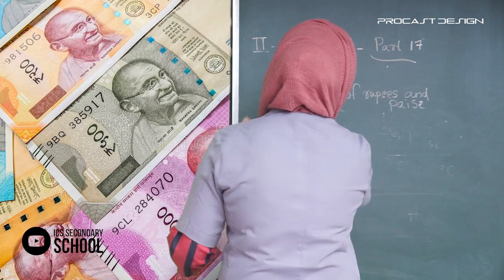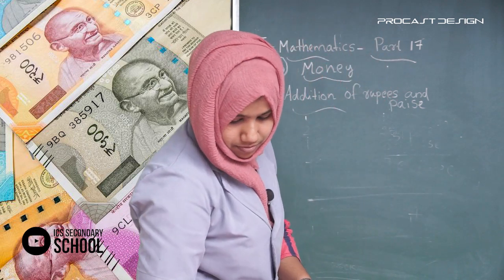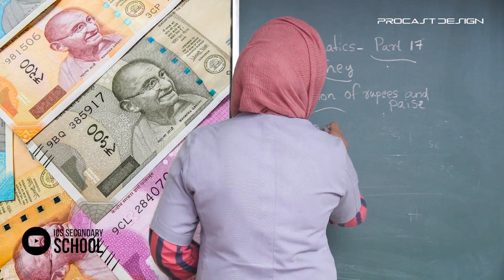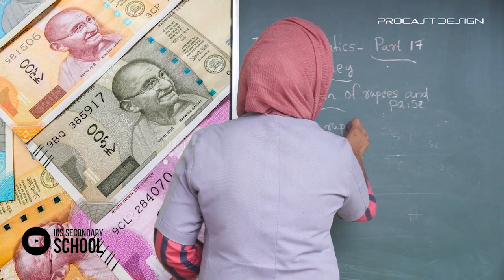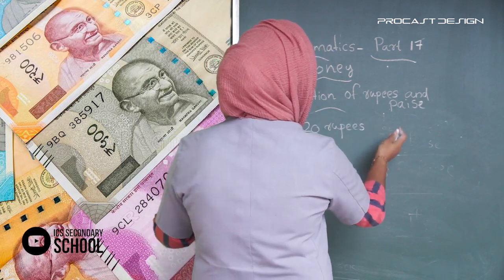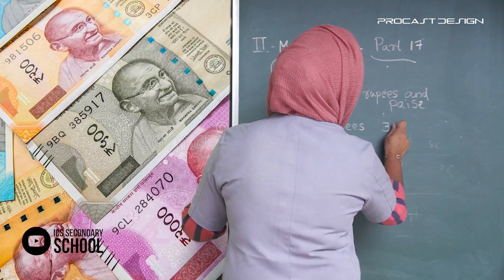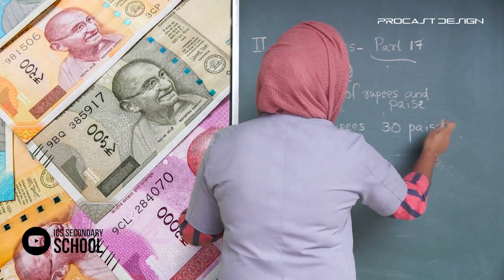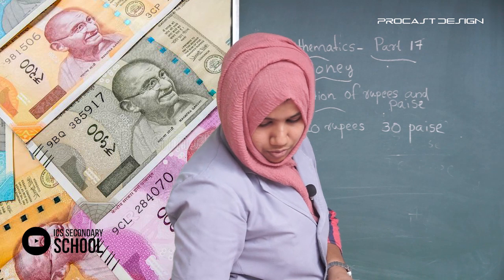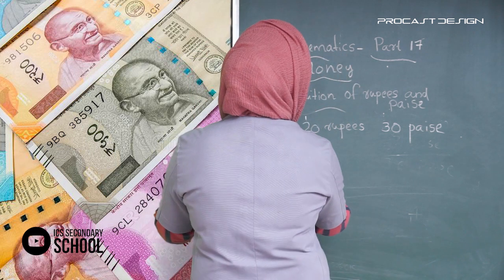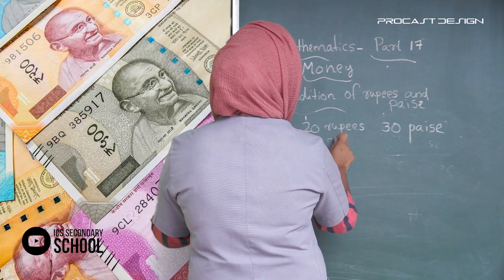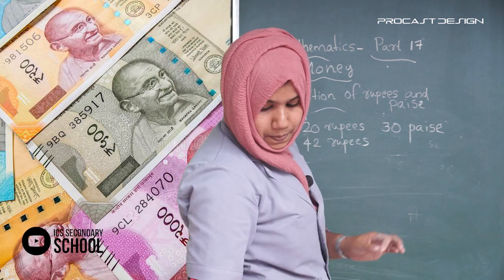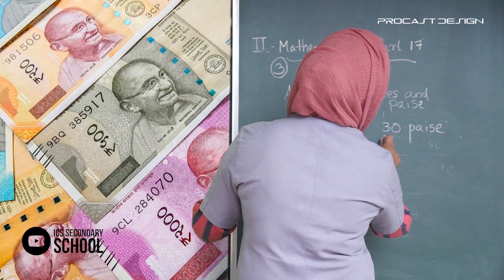One more example. 42 rupees and 35 paise.